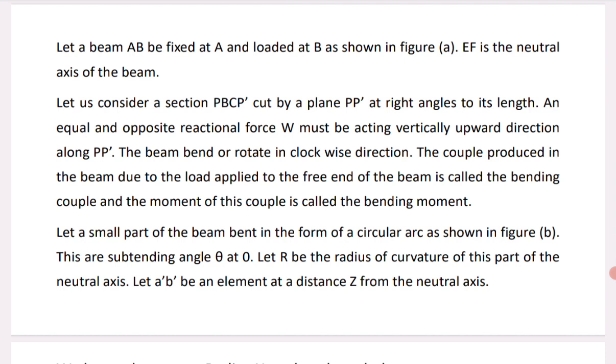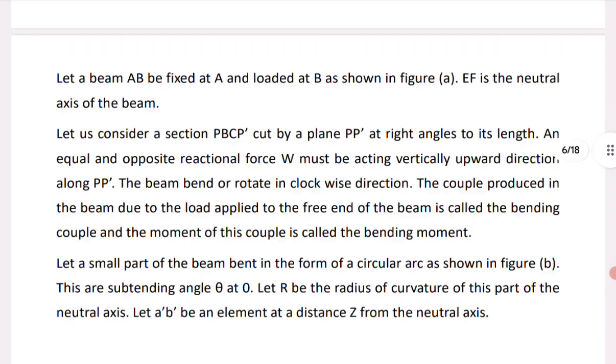Let a beam AB be fixed at A and loaded at B, as shown in figure A. EF is the neutral axis of the beam. Let us consider a section PBCP dash cut by a plane PP dash at right angles to its length. An equal and opposite reactional force W must be acting vertically upward along PP dash.